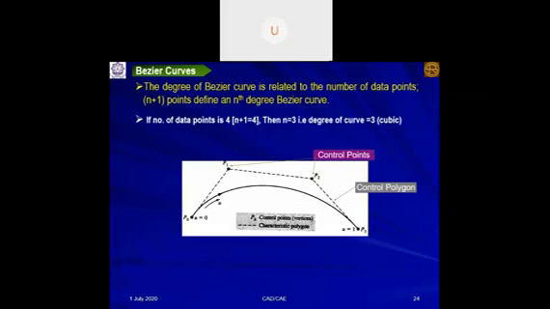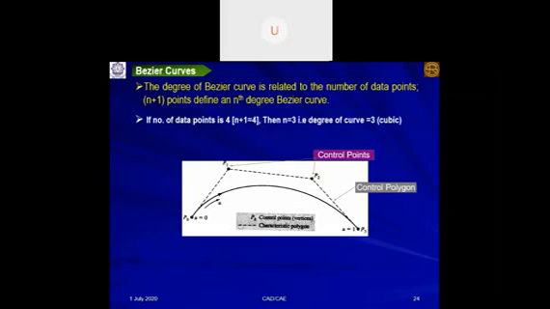So in order to design an nth degree Bezier curve, you need n plus 1 data points. If you have 4 data points, the degree of the curve will be 3, or in order to design the cubic Bezier curve you need 4 data points. If you would like to design a Bezier curve of degree 4, then you need 5 data points, and so on. So the degree of the Bezier curve depends on the number of data points.